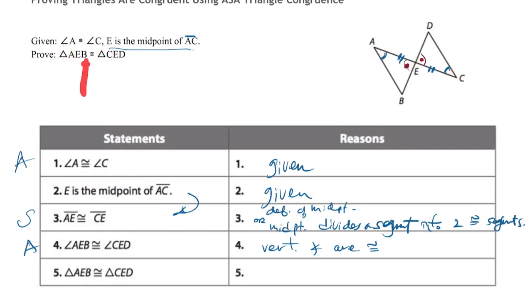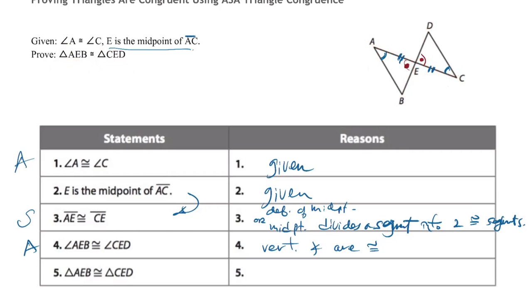The last angle, B and D. No, that's not the one that we're looking at. We're looking at actually the E, AEB, right? AEB is congruent to CED. And then right in between those two angles, we have length AE and CE are congruent. Do you see that? I just matched up every part.